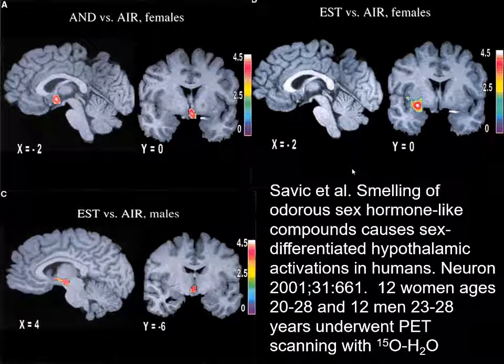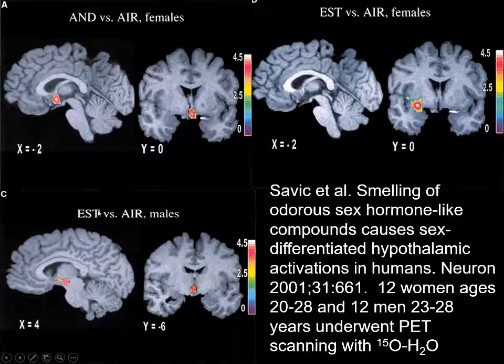In men, testosterone is aerosolized into something called AND, and that's not its full name, but that's what we're using to call it here, versus air. And females aerosolize a version of estradiol that's been modified so it can actually be aerosolized. So it comes off the body and floats in the environment, and that's what we think a pheromone is. So you're not consciously smelling this, you're just in an environment where there are these pheromones.